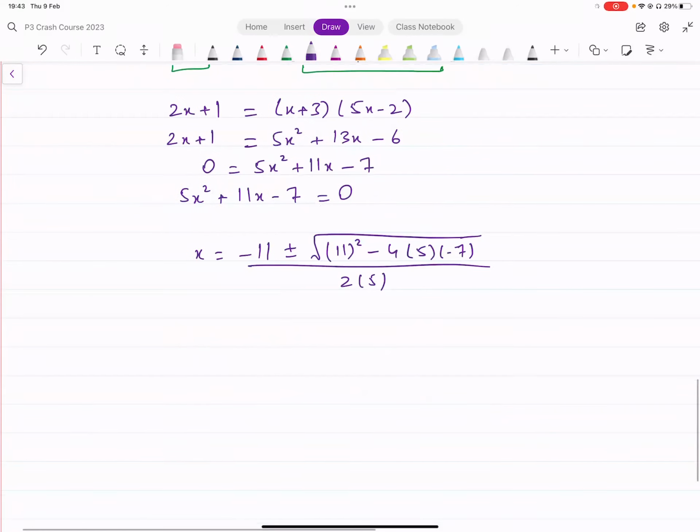And when you solve this, you get two answers at the end, which are x equals 0.516 and x equals minus 2.72.